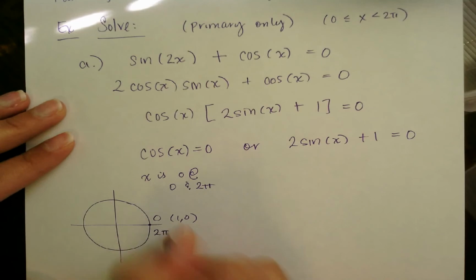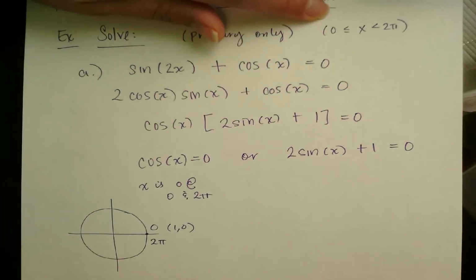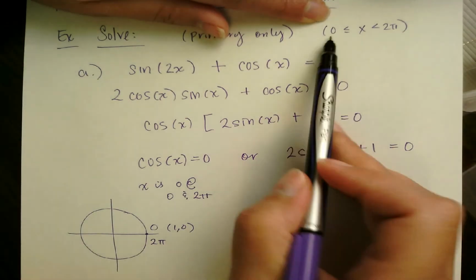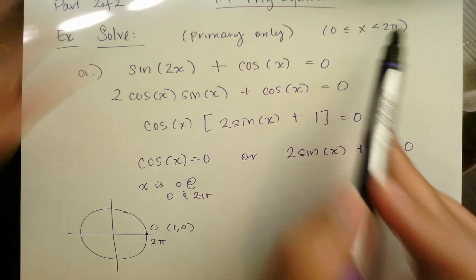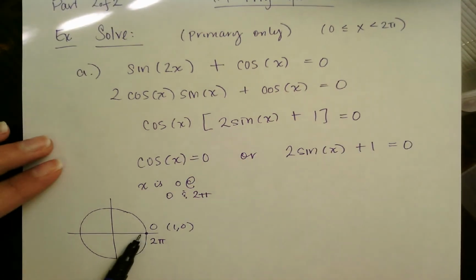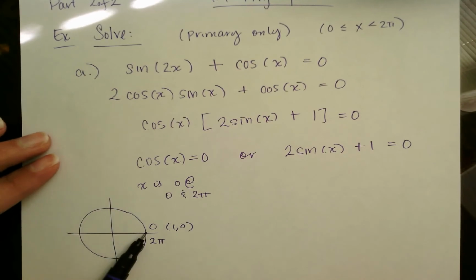But in the notes yesterday, I said if you look at this notation for one rotation, you start at 0 and then you go all the way around to 2 pi. You don't count 2 pi. There's no equal sign there, so you're not counting that spot twice. In one rotation on the unit circle, every spot is only counted once.